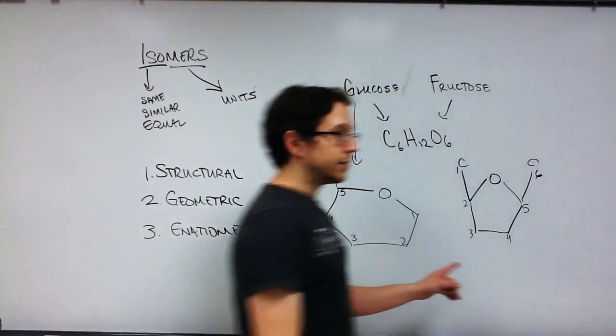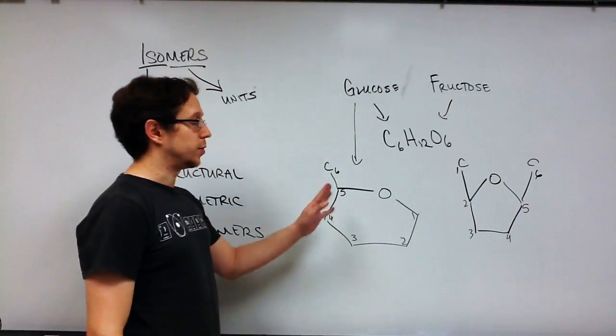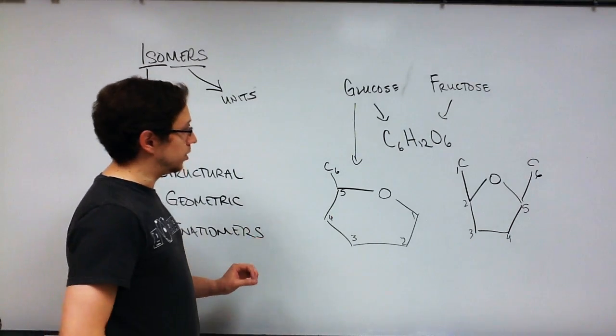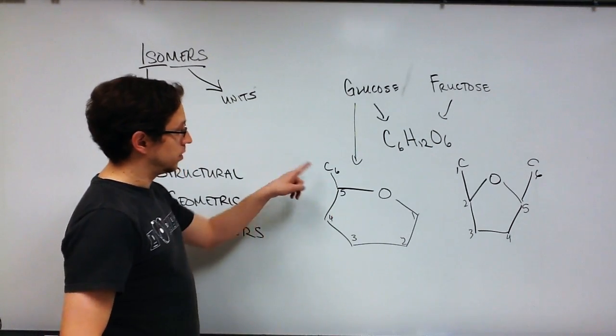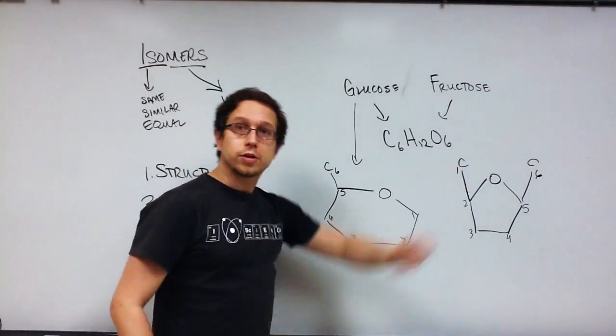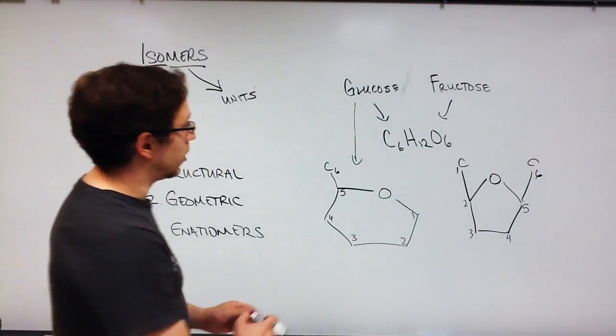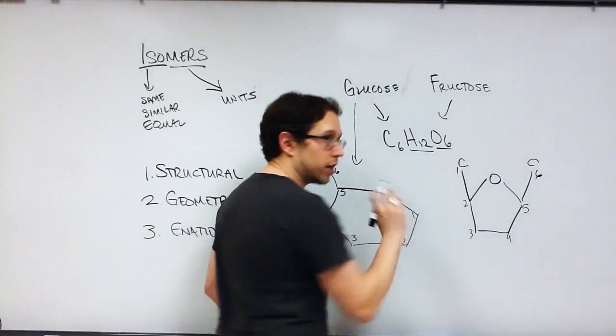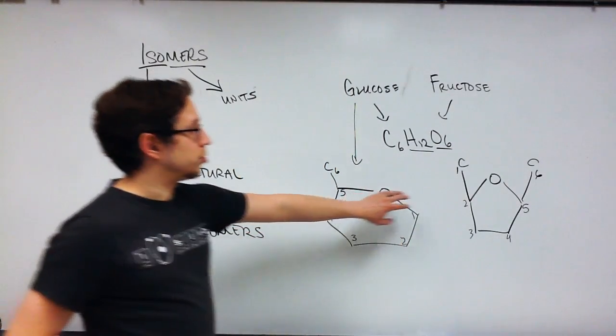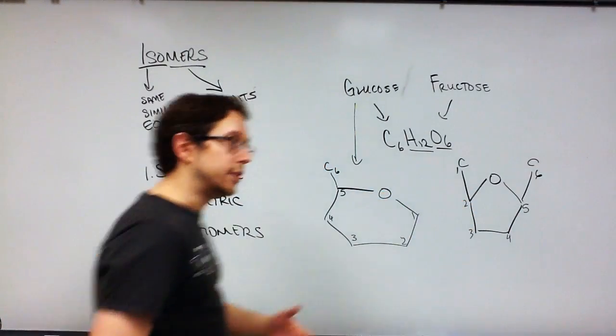So in either instance, they still have 6 carbons, 12 hydrogens, and 6 oxygens, but notice how their structure is different. Of course, I haven't drawn in most of the hydrogens and oxygens. This is just meant to show you structurally how they might look slightly different.